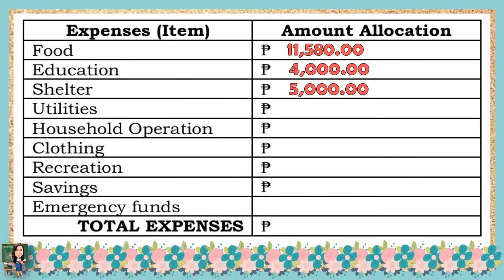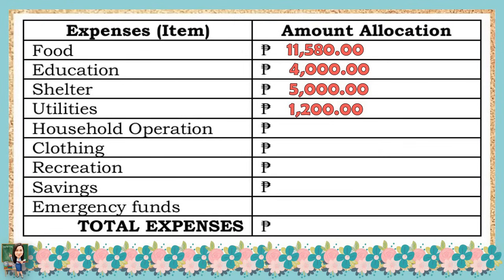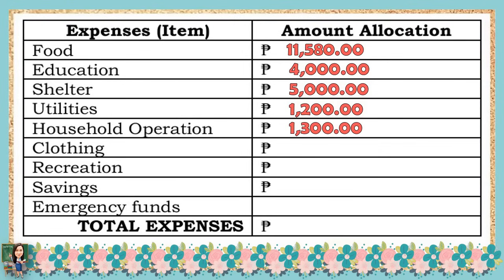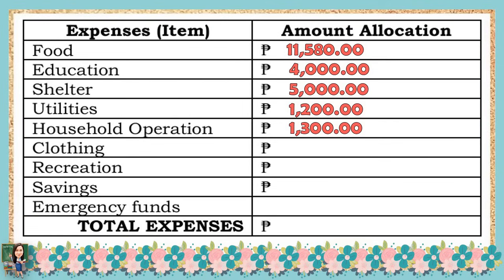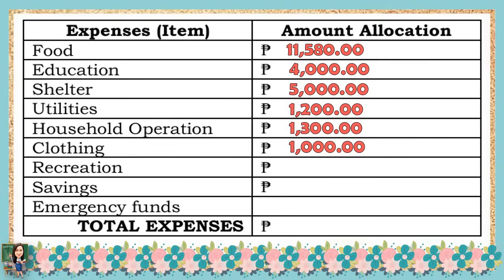The amount allocation for utilities is 1,200 pesos. The amount allocation for household operation is 1,300. The amount allocation for clothing is 1,000 pesos. The amount allocation for recreation is 700 pesos.